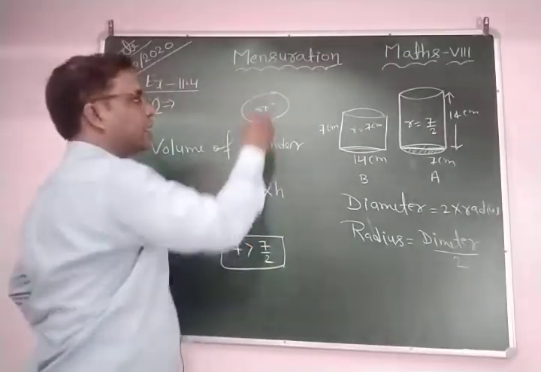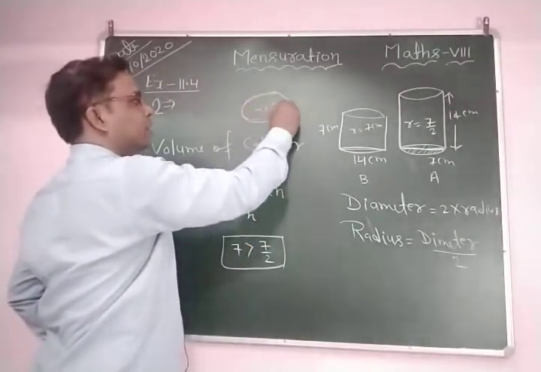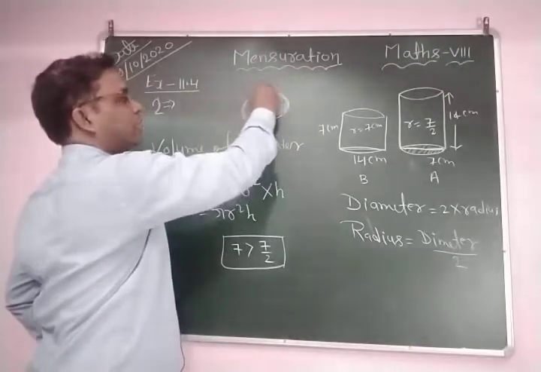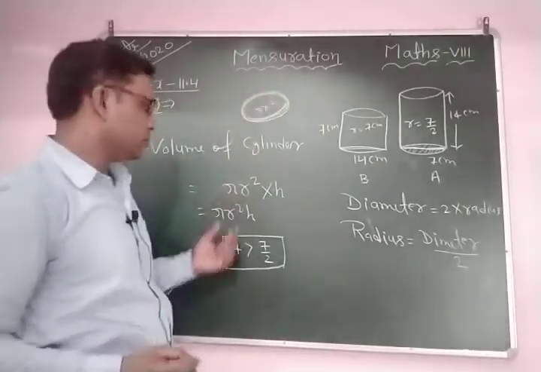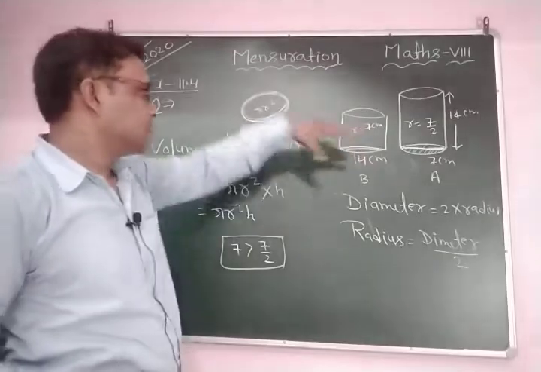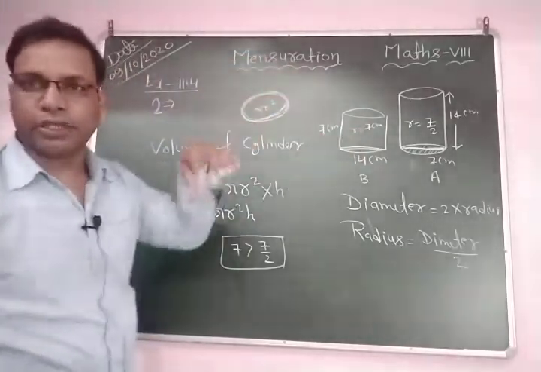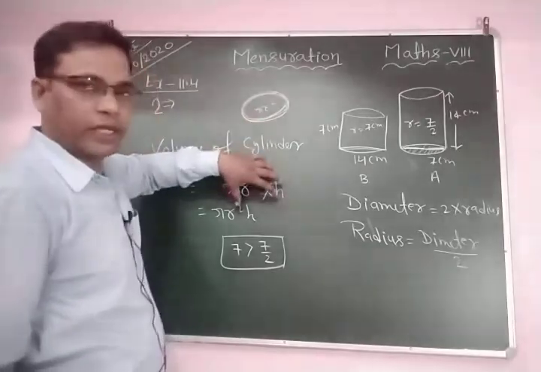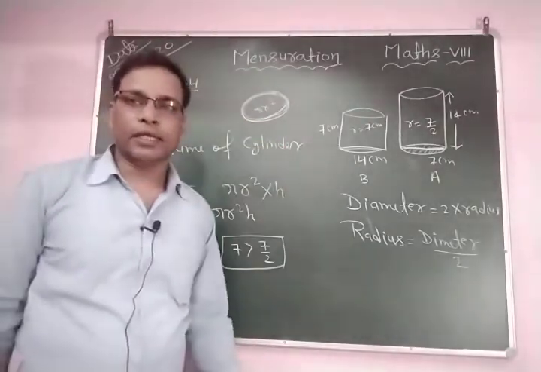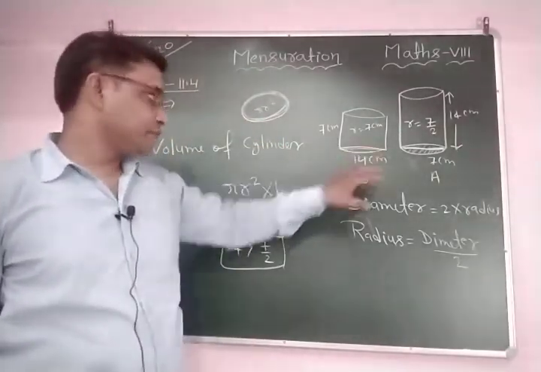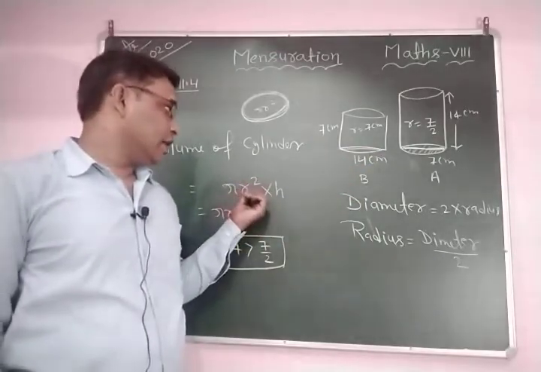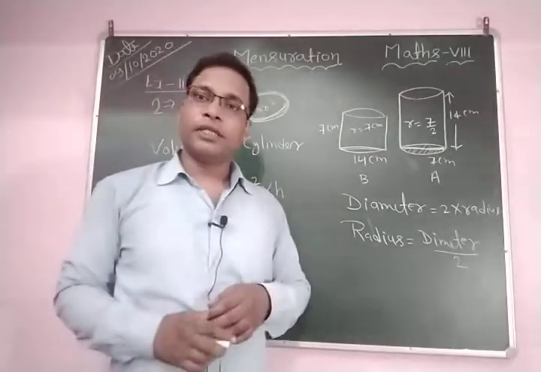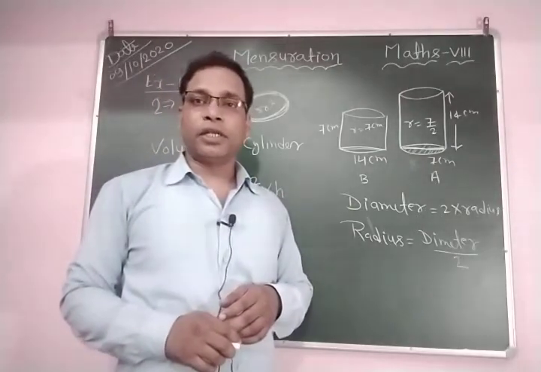And again we put another shape 2 times, 3 times, 4 times, 8 times, and it becomes a cylinder. The volume of the cylinder is pi r square h. Clear? And here you can see r square. It means that if a cylinder's radius is greater, then the volume of that cylinder is also greater.